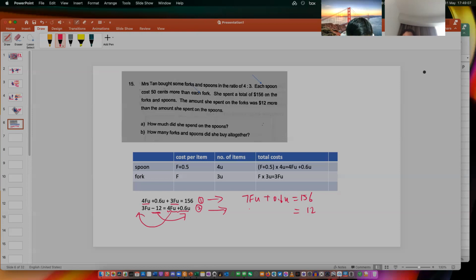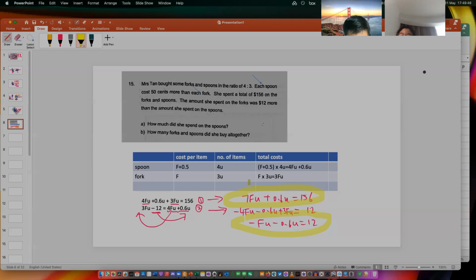So you get minus 4U, then minus 0.6U, then plus 3FU. You simplify further, you will get minus FU minus 0.6U equals 12. So what you can do is just punch the calculator to solve. I think you still remember how. With this, I think you can find what U is, and once you find U, you can find F. So this is the approach to find out.